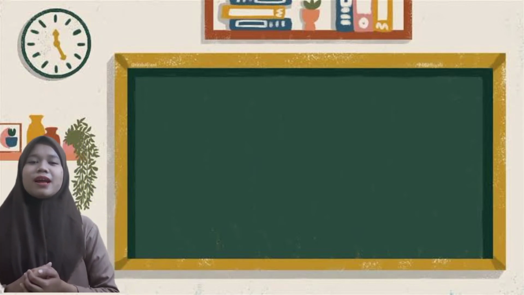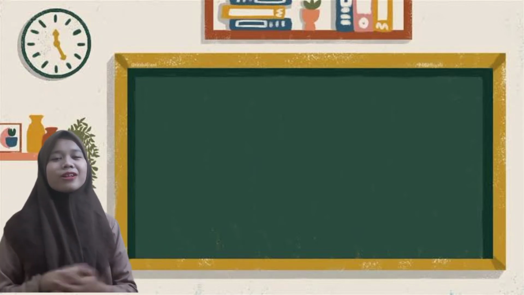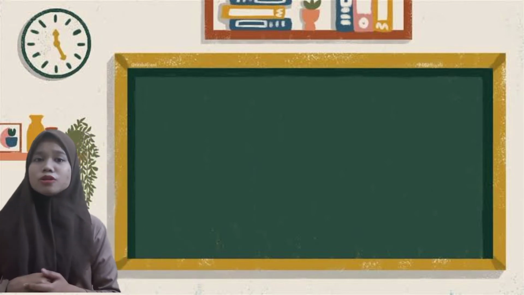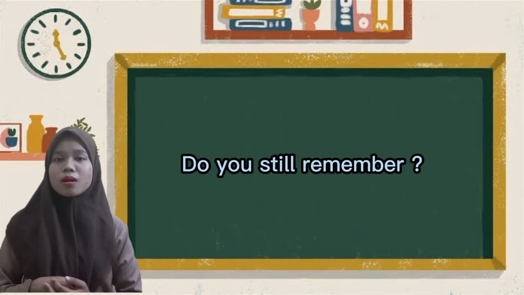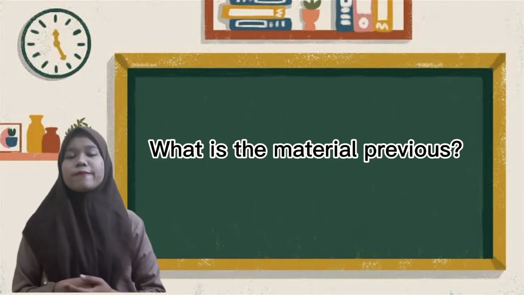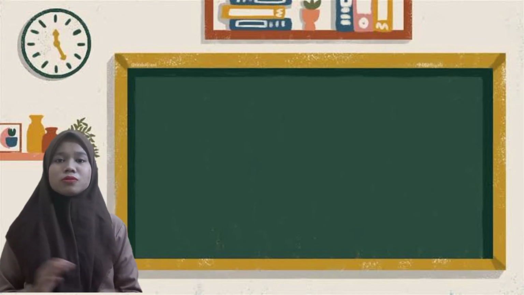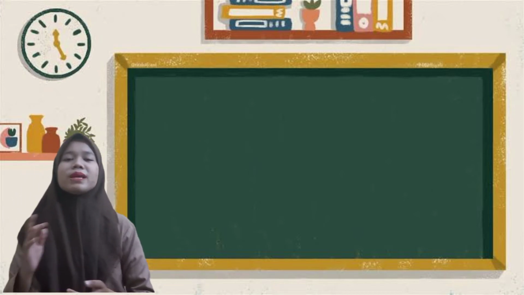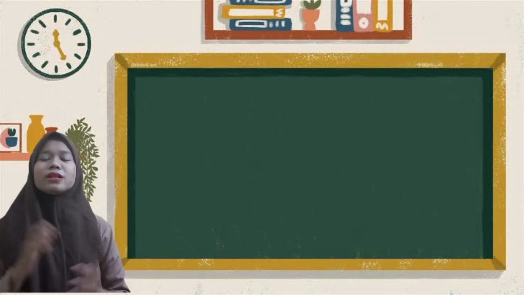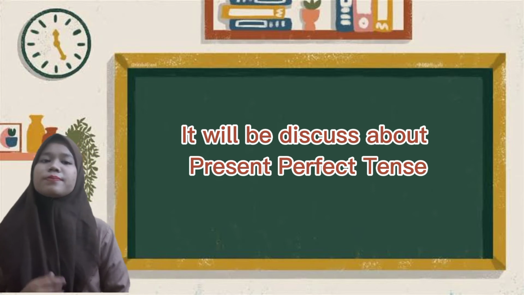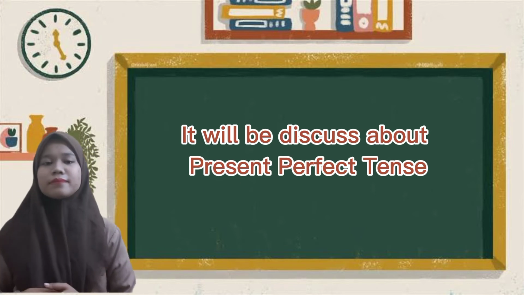Okay, good. For the previous material, do you still remember what the previous material was? No, you cannot remember? Okay, I will explain again. The previous material discussed present perfect tense.